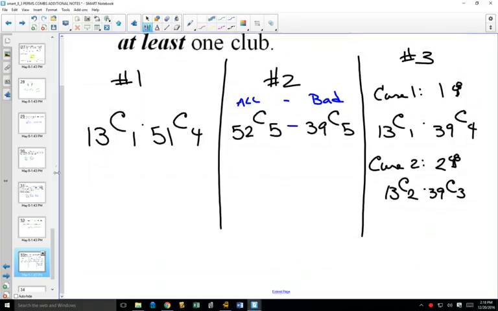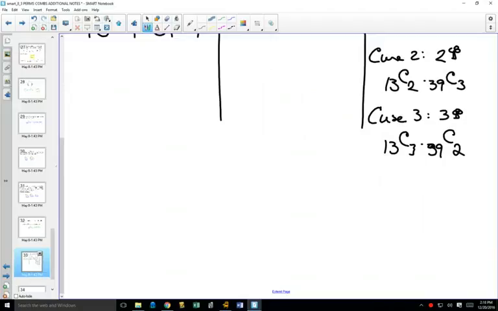Case 3 is getting exactly 3 clubs. Well, from my 13 cards, I choose 3, and from my other 39 cards, I choose 2 other ones. Case 4 is 4 clubs. How do you count 4 clubs? 13 choose 4, and 39 choose 1.